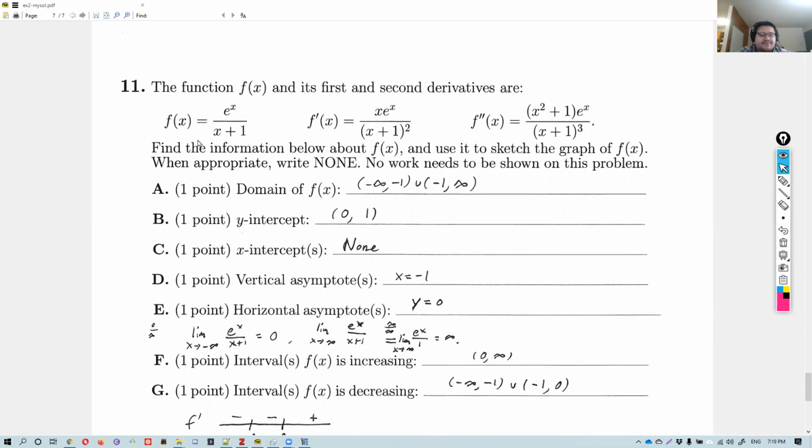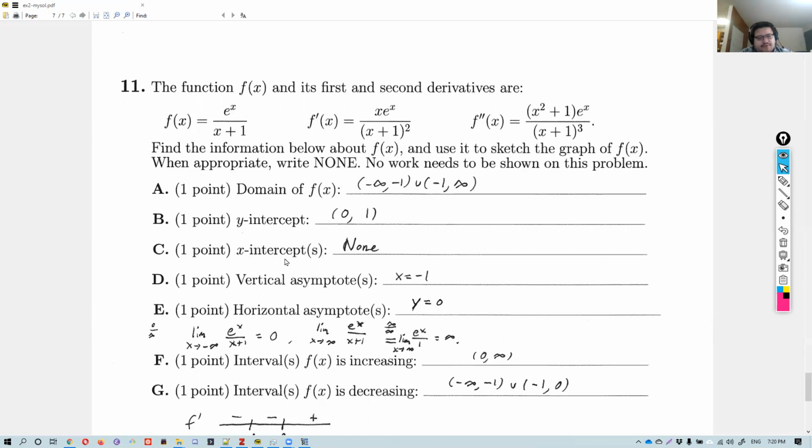Well, it's undefined at x equals -1, but everywhere else it's totally valid to plug into. And so your domain is just everything except for -1. So -infinity to -1, union -1 to infinity. For the y-intercept, you plug in x equals 0 into this, so you get 1/1, so you get 1.